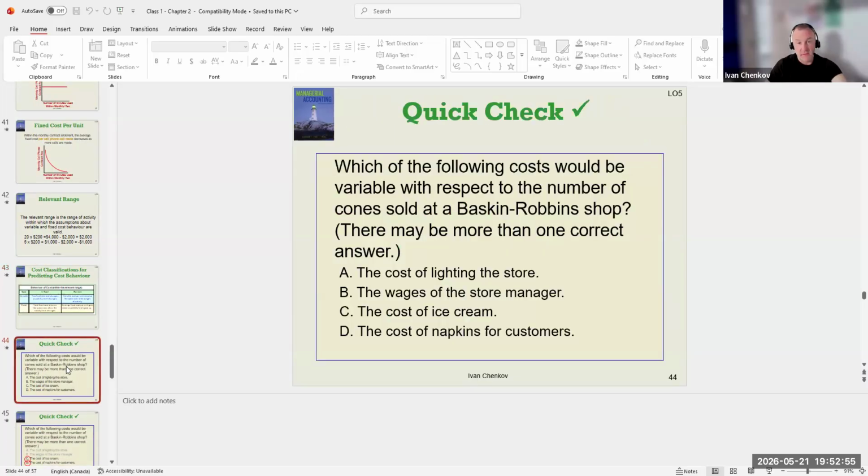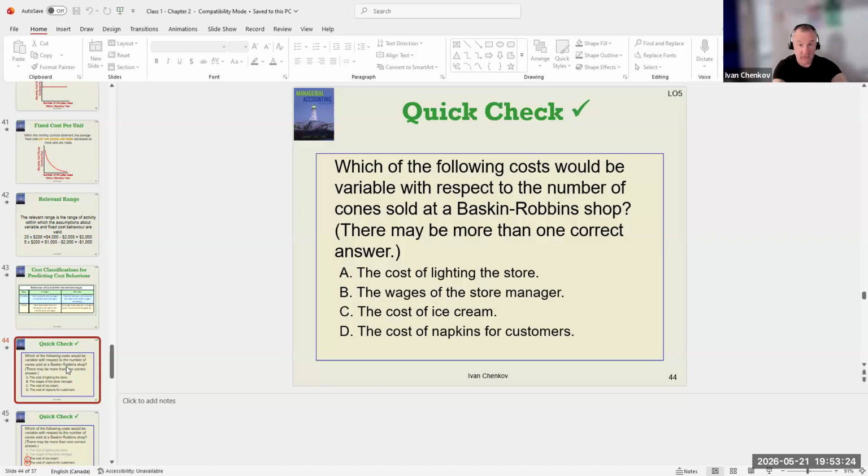Let's do this quick test. Which of the following costs will be variable with respect to the number of cones sold? So based on the number of cones sold only, which one is variable, which one is fixed, at this Baskin Robbins shop. First one, cost of the lighting in the store. Is this a variable cost or fixed cost?